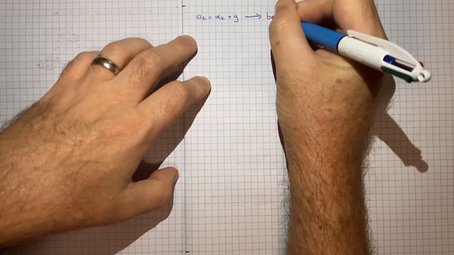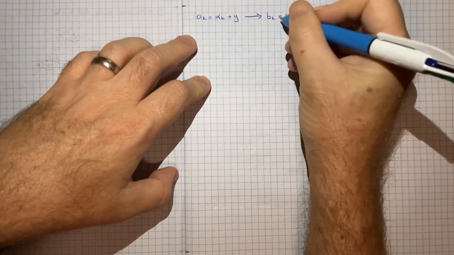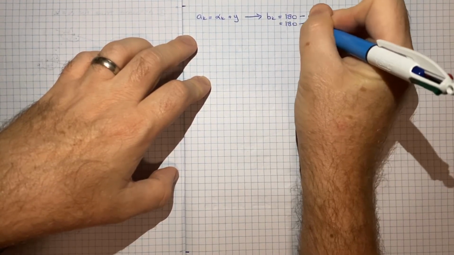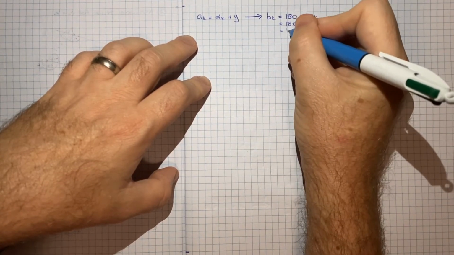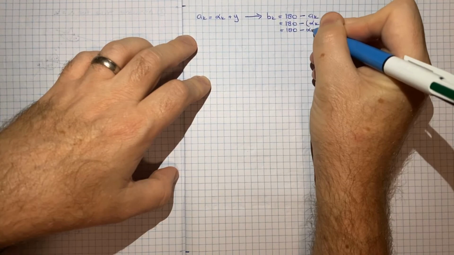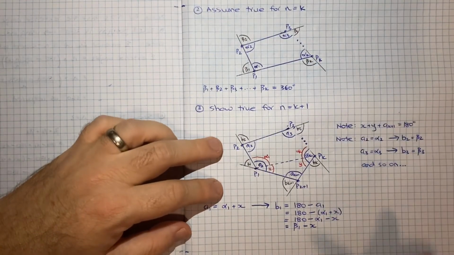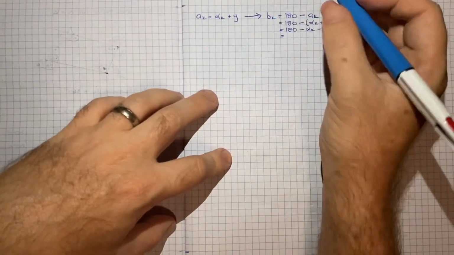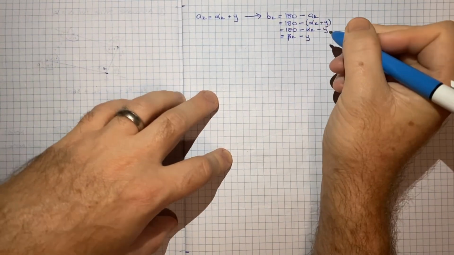We can think about BK, which would be 180 minus AK, which would be 180 minus alpha k plus y, which is 180 minus alpha k minus y. And similarly, 180 minus alpha k is beta k. So we can write BK is beta k minus y.